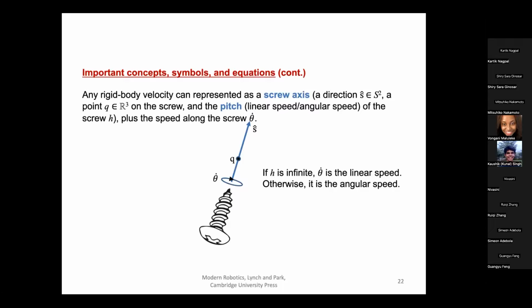The axis of the screw is a line around which this screw movement is happening. How many degrees of freedom are there for a line in three-dimensional space? Okay, let's do the baby version.